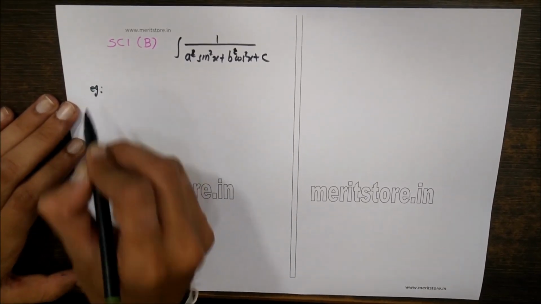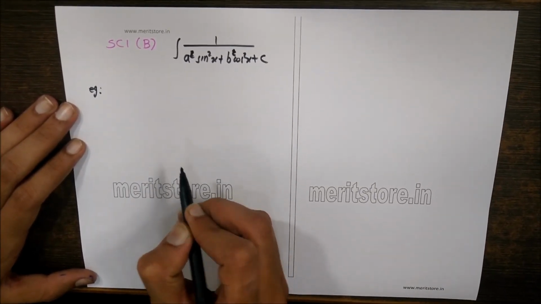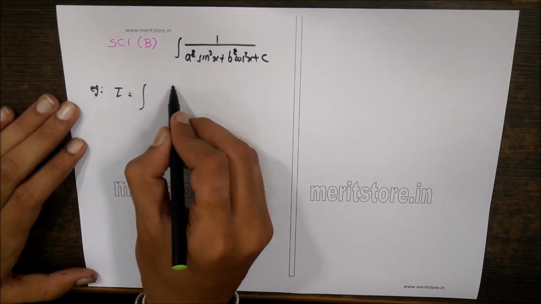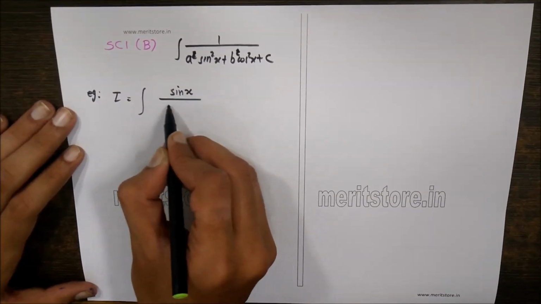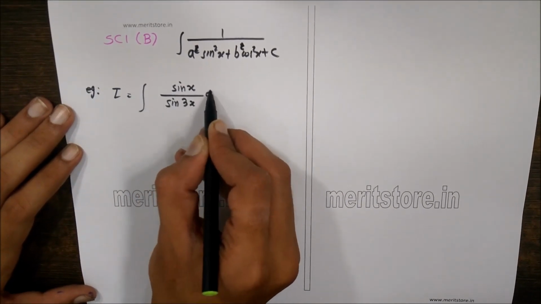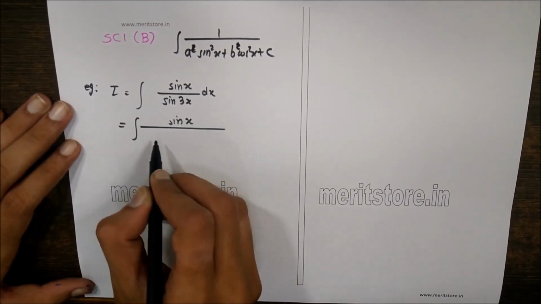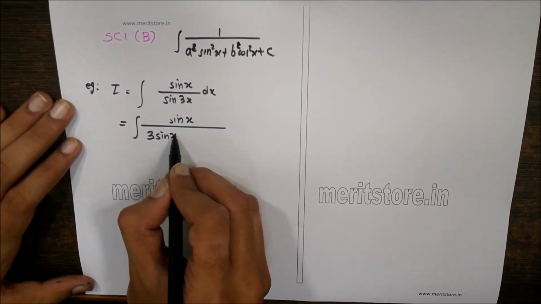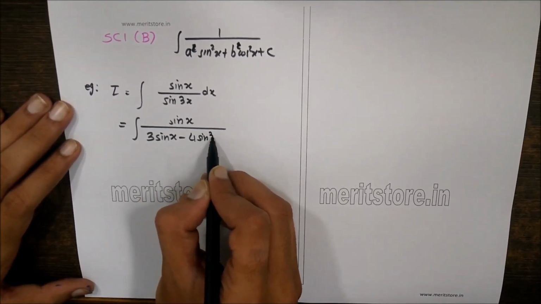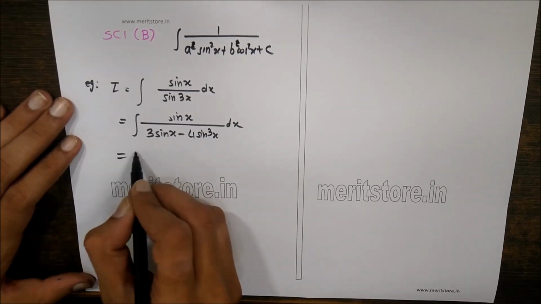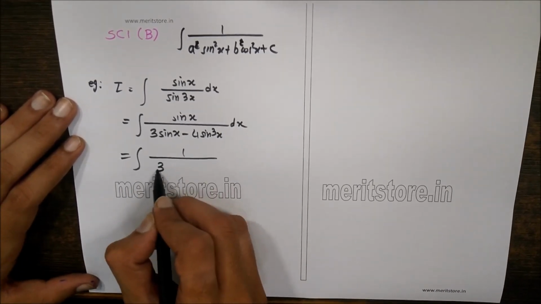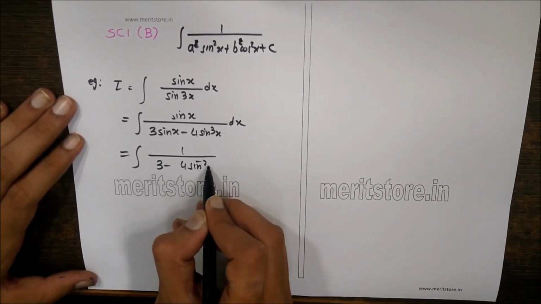Say for example, I have the problem as the integral of sine x upon sine 3x dx. In the first step, we apply the formula of sine 3 theta, which is 3 sine x minus 4 sine cube x. Simplifying, we get 1 upon 3 minus 4 sine square x dx.